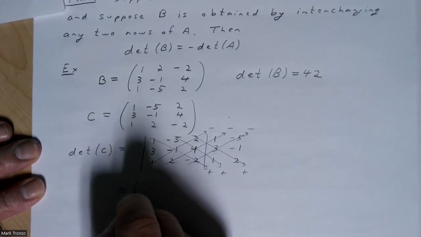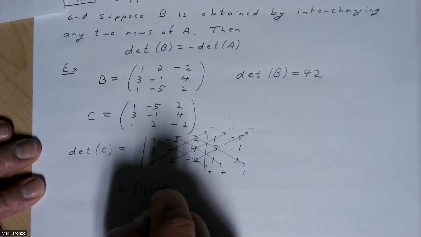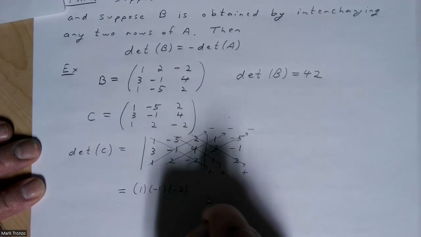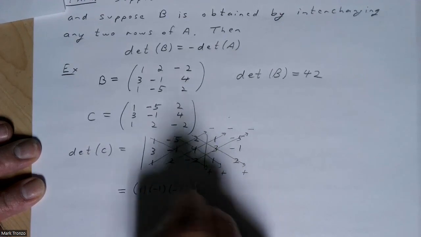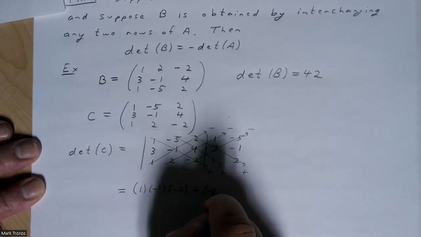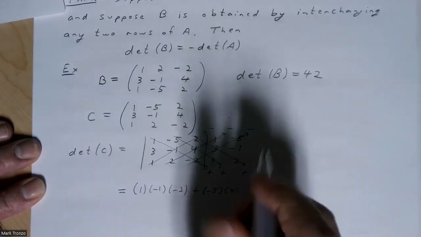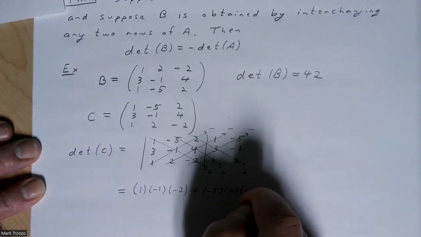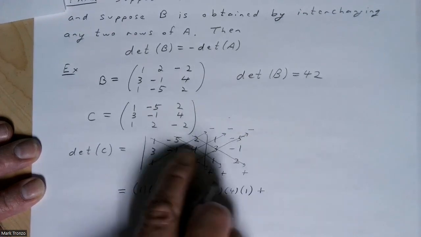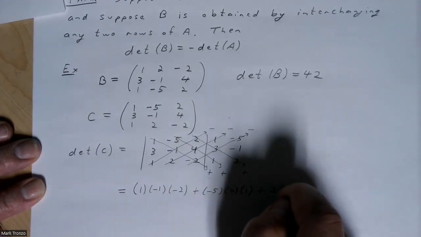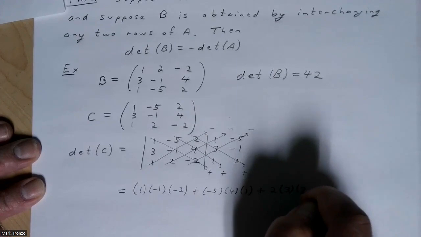And let's calculate these. 1 minus 1 minus 2 plus minus 5, 4, 1, 2, 3, 2.